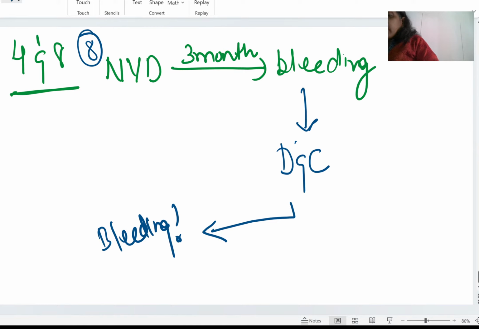Now what is the cause? After doing DNC, again the patient is having bleeding. Now the cause cannot be retained placenta. Can anybody write down in the chat box what is the cause now?